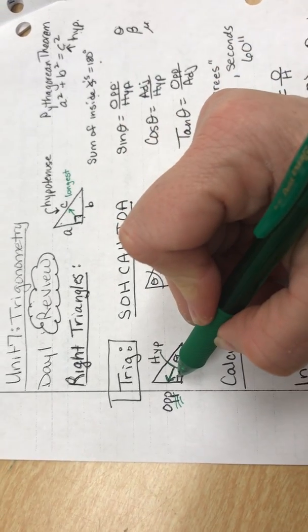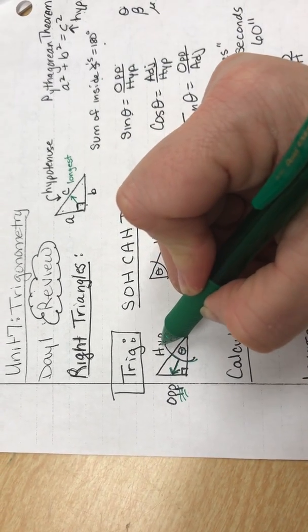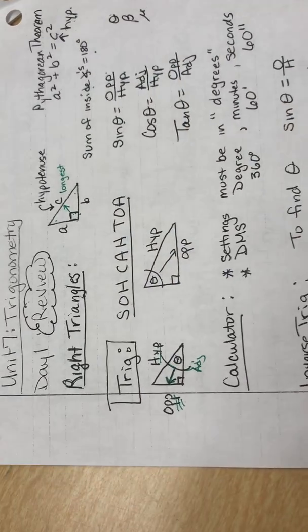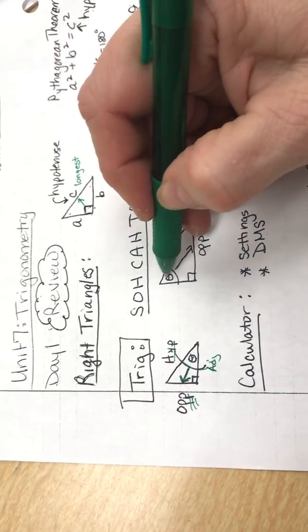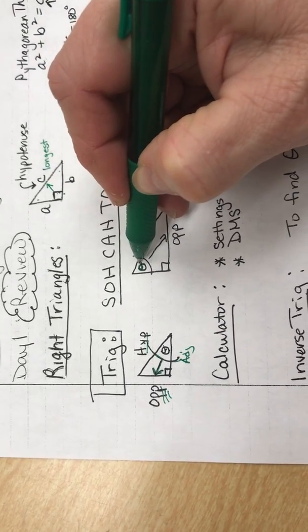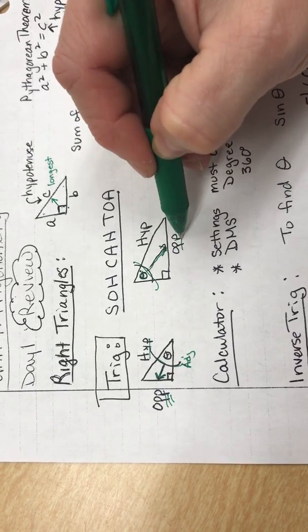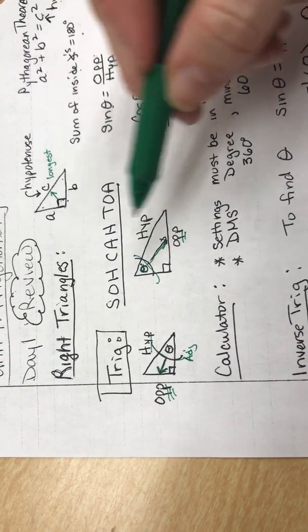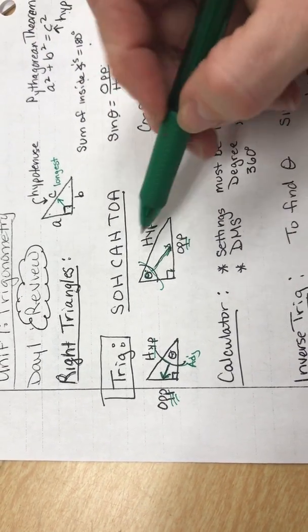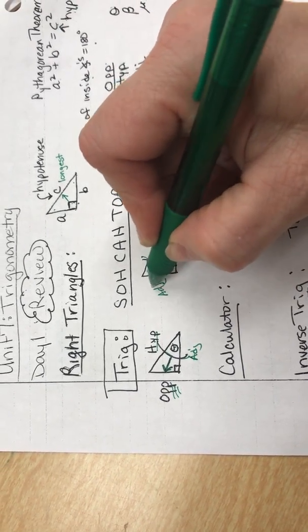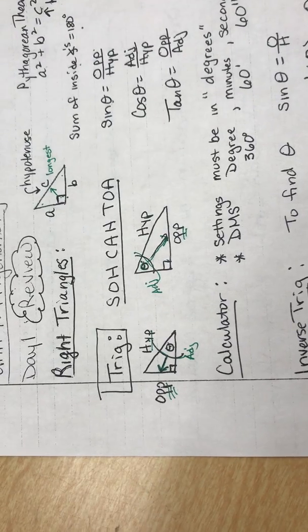And you already know opposite the 90 degrees is hypotenuse, then this must be the adjacent, okay? If your angle measurement that's given is up here, mark that angle. Opposite that angle would be your opposite side. Still opposite the 90 degree is your hypotenuse, which would mean your adjacent is now on this side, okay?